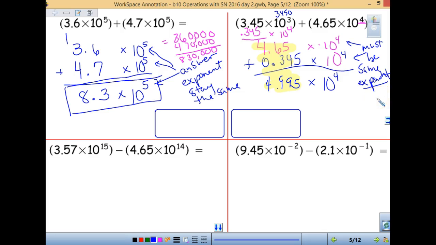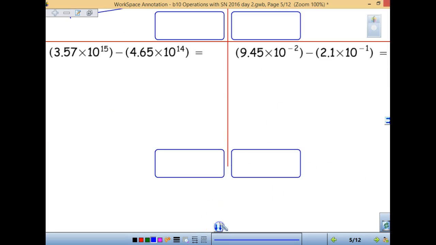Question, Jack? Okay. So, subtraction. Does order matter for subtraction? Yes. Very, very much, okay? So, we need to be a little more careful here. We are going to look at these two problems, and again, we want to go big.